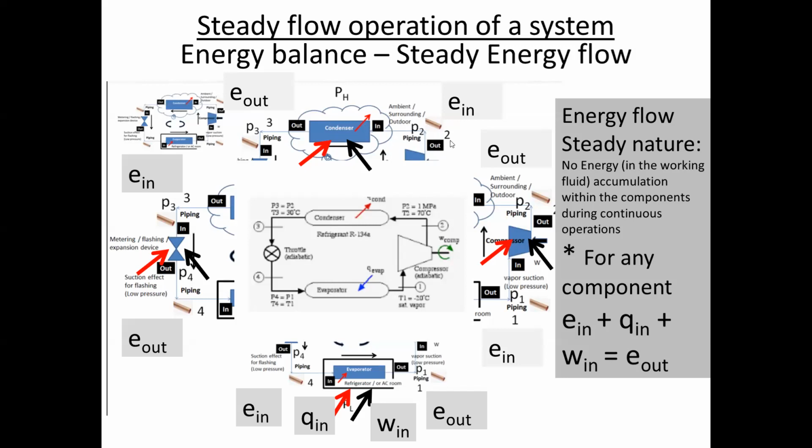So when we take this condenser example, you can see energy in to the condenser with the working fluid, E in, plus the heat Q in, plus the work W in, should be E out. So E in plus Q in plus W in is E out.